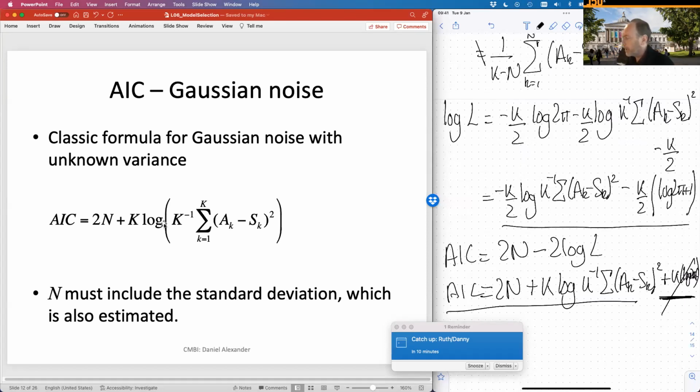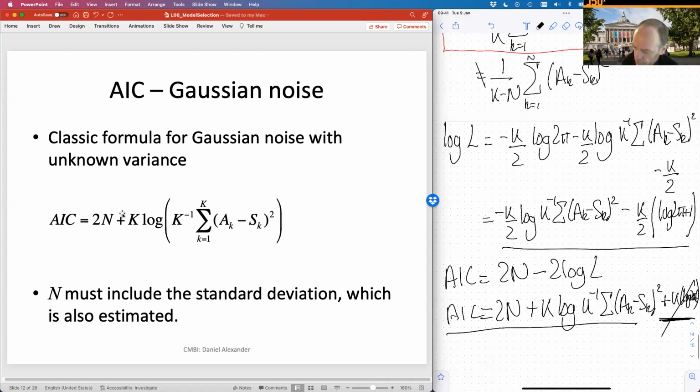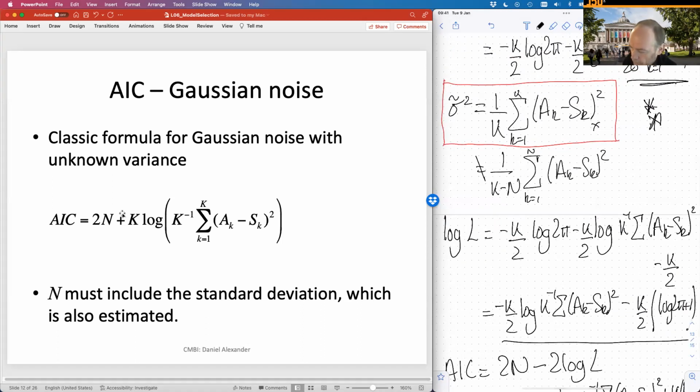And the one thing to bear in mind here is that during that derivation, we used this estimate of the noise standard deviation. And that's important because it means that we've effectively estimated one more parameter than just the parameters of the main model that we're interested in evaluating. And we have to account for that in this number n.